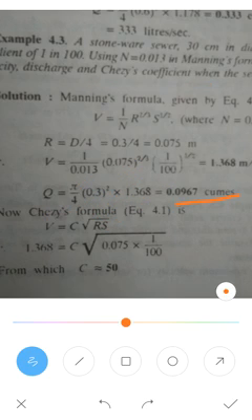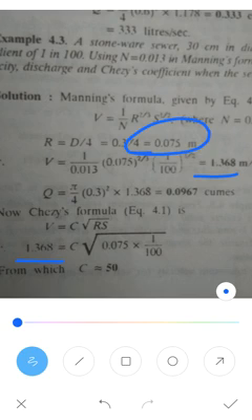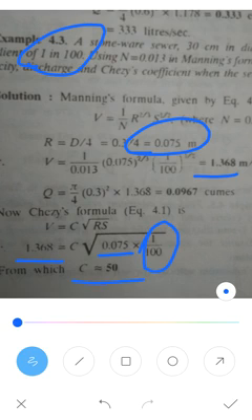After finding the velocity and mean hydraulic radius, you can easily find C. The slope is given; substitute all the values: velocity 1.368, R as 0.075, and 1 by 100 from the question. You can find C as 50.